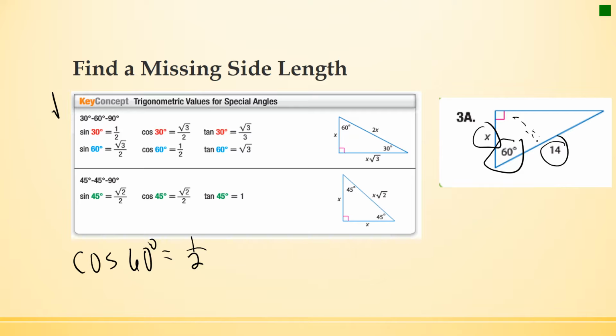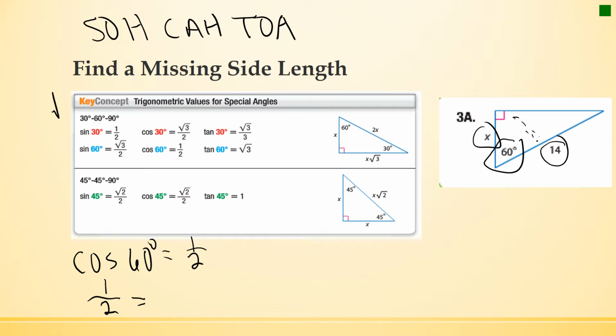Let's set it up like this, because what we're trying to find is x, which is the adjacent side. So the cosine is 1/2, so 1/2 is now equal to, and remember, if we're using SOHCAHTOA, the cosine is A, adjacent over the hypotenuse, then we can set this up as 1/2 equals x over 14.